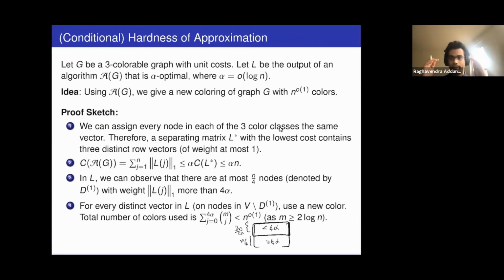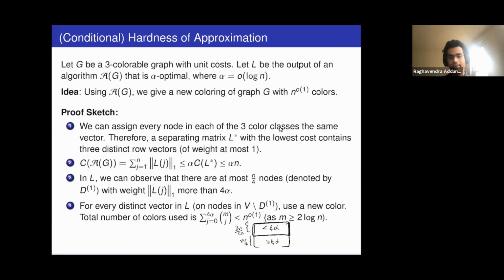For every distinct row vector in L on this set of nodes, you create a new color. Once you have created these new colors, you assign this color to the node corresponding to its vector. Because this L is a valid separating matrix, this is a valid coloring of G.